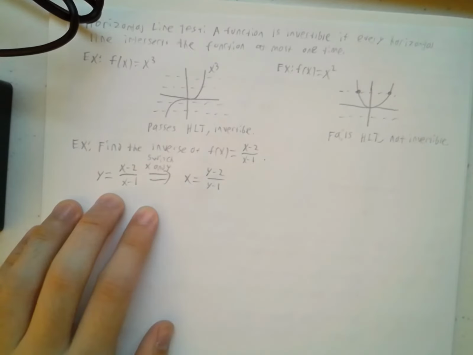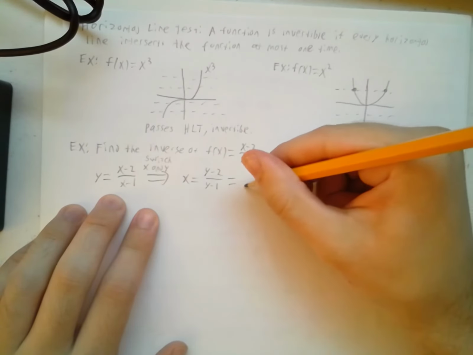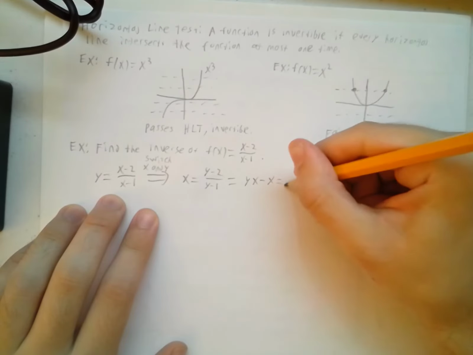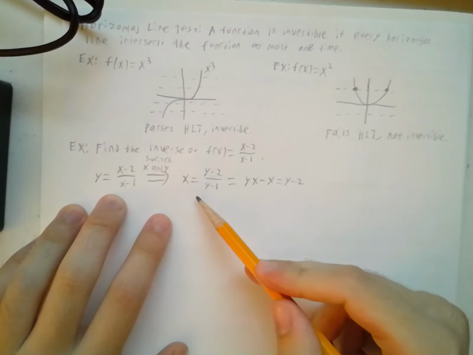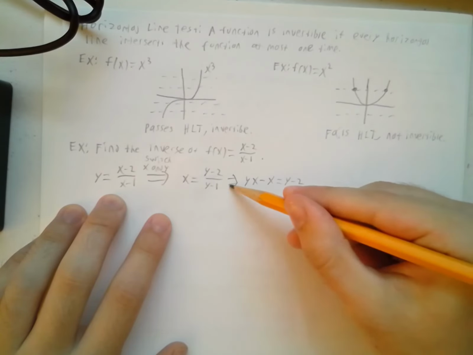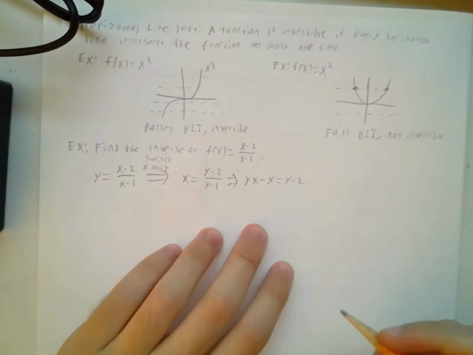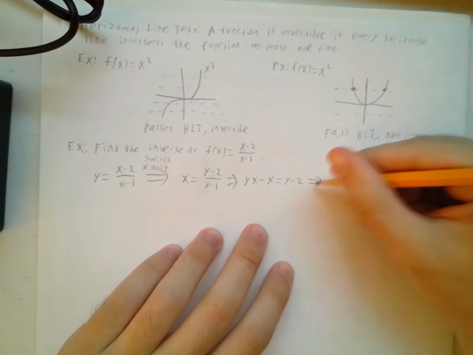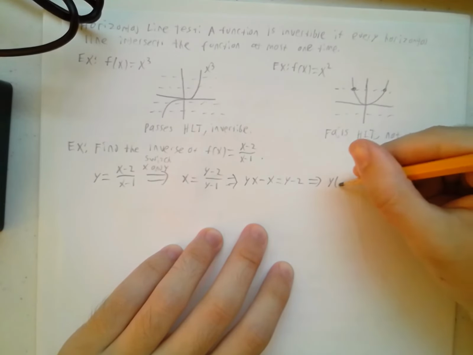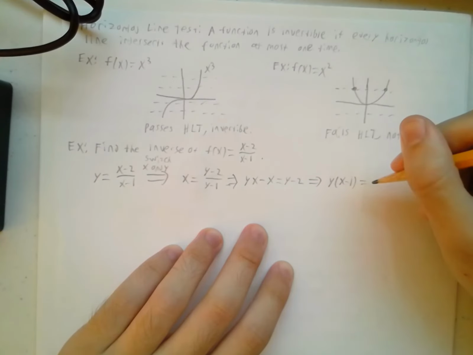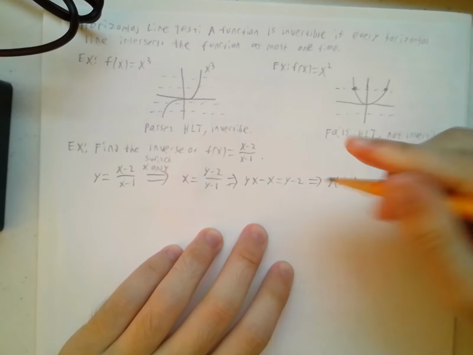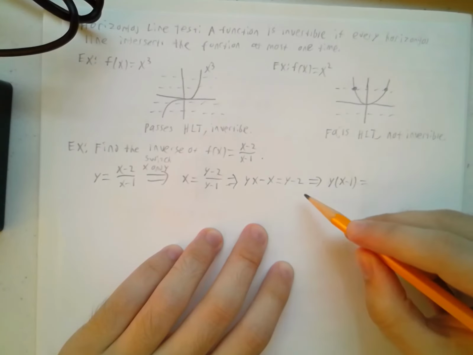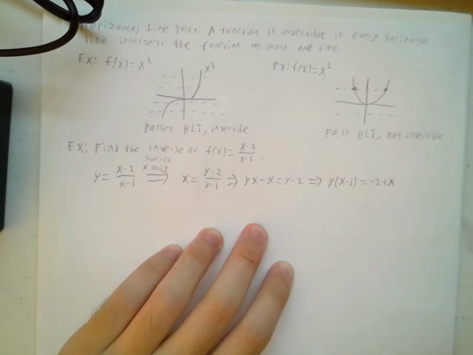And if we rearrange this, you'll get yx minus x equals y minus 2. I multiplied both sides in this equation by y minus 1. And then if I move all the y's to the left-hand side and everything else to the right-hand side, this will give me y times x minus 1 is equal to, let's see, negative 2 plus x, it looks like. And then if I divide by x minus 1, I get that y equals x minus 2 over x minus 1.